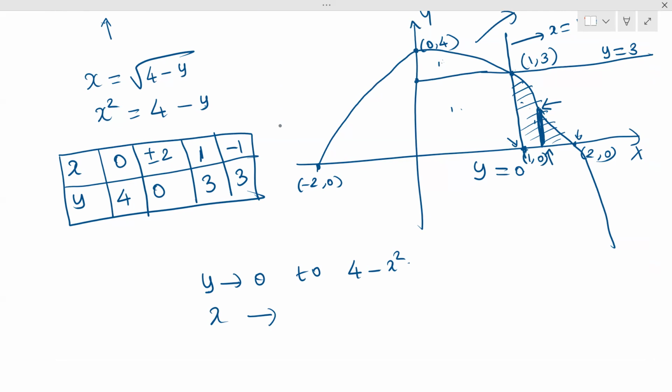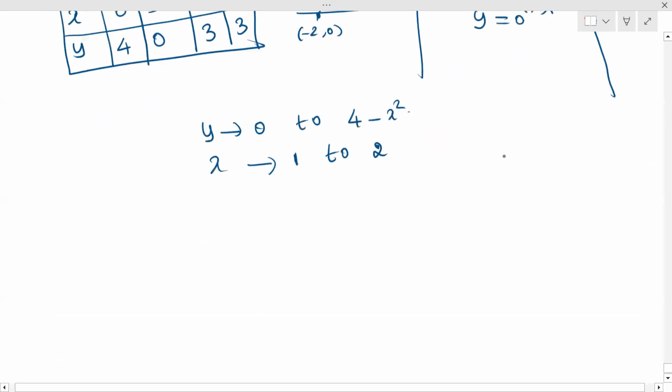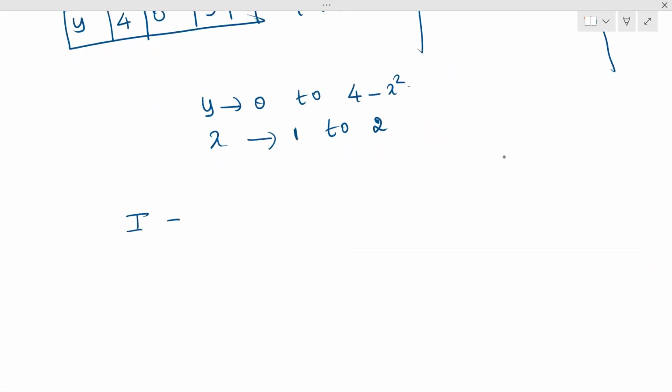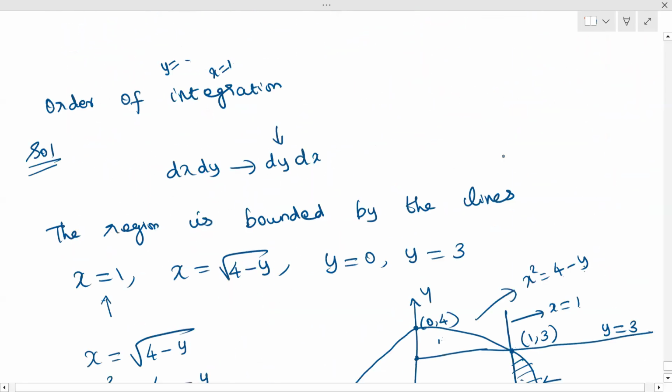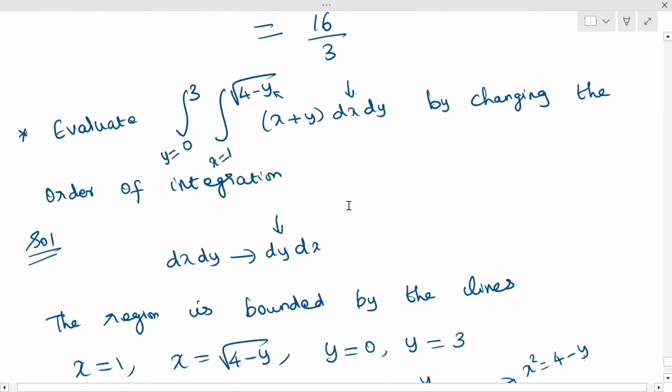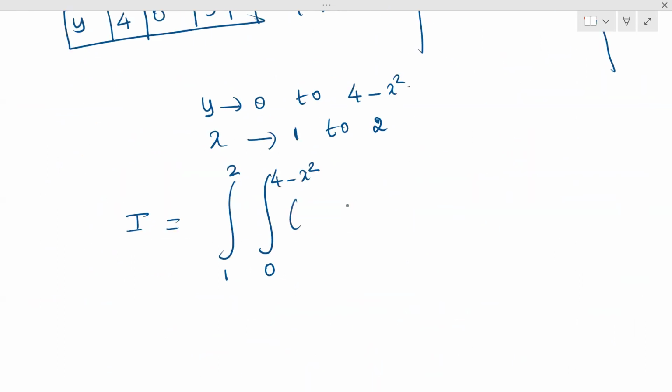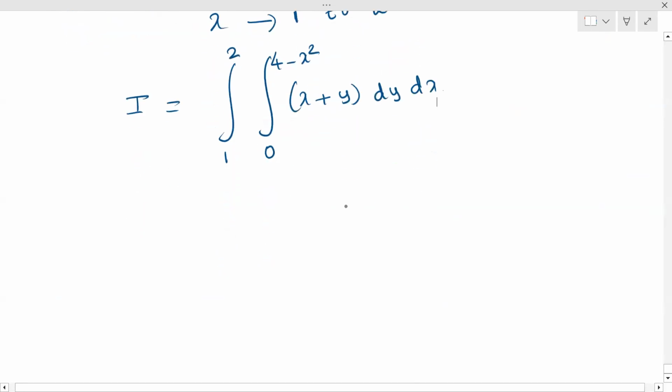So x varies from 1 to 2. So our integration is I equal to integral x varies from 1 to 2, y varies from 0 to 4 minus x square. And here what is the function they have given? x plus y dy dx.